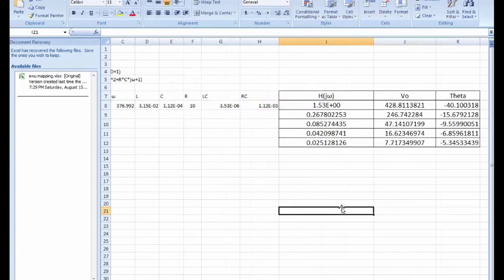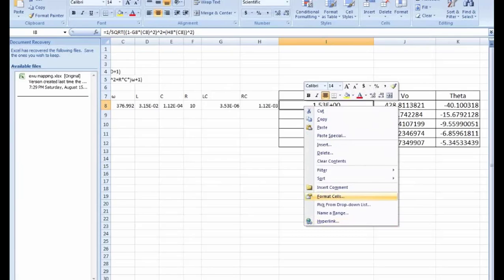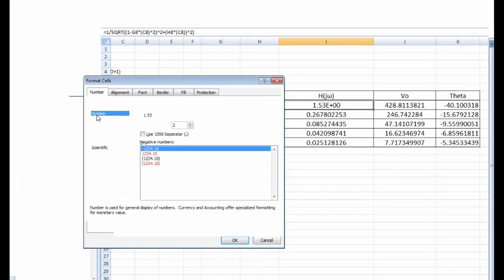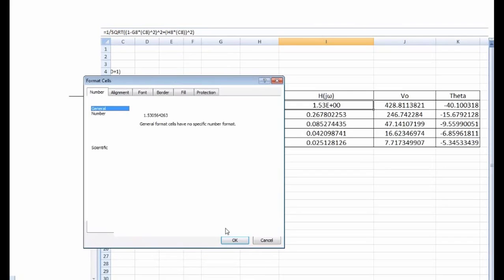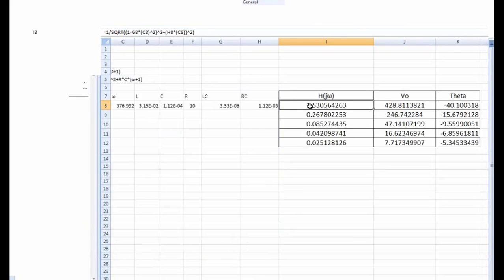After that, we need to convert into the general form. We make it general form. So you see 1.53 is coming.